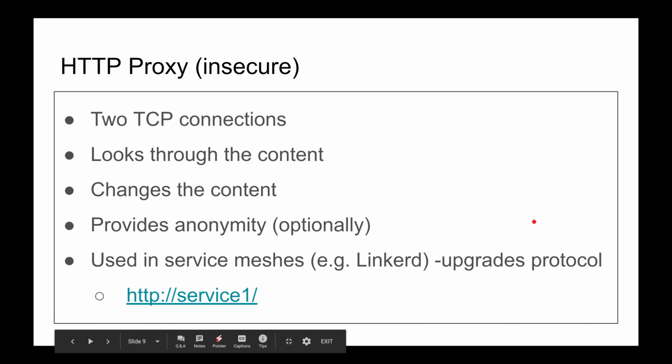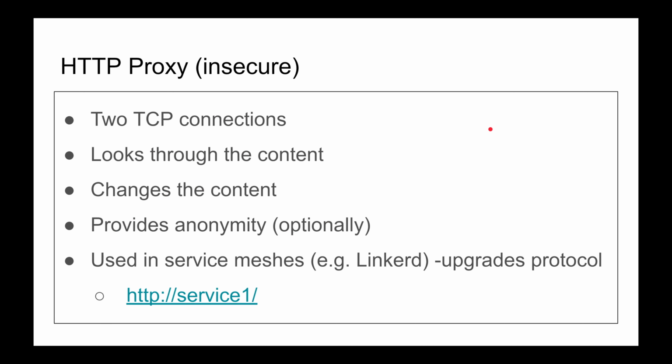That's an HTTP proxy. What's the benefit of this? What's the good thing about this? You use two TCP connections. I don't know if it's a pro or a con, but you look through the content. You have to look through the content. That's the HTTP proxy. It has to look in order to make some decisions because it needs to know where it's connecting to, right? Host, okay.